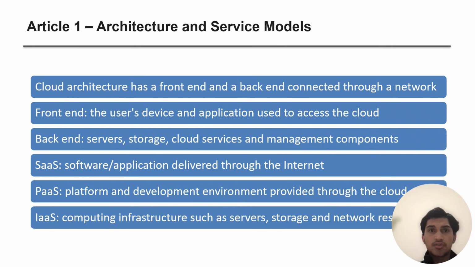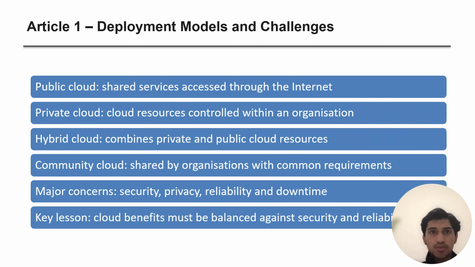The article also explains IaaS, PaaS, and SaaS, where I stands for infrastructure, P stands for platform as a service, and S stands for software as a service. We already learned that in the previous lecture in week 4 about the different services provided by the cloud. So let's move on to the next.